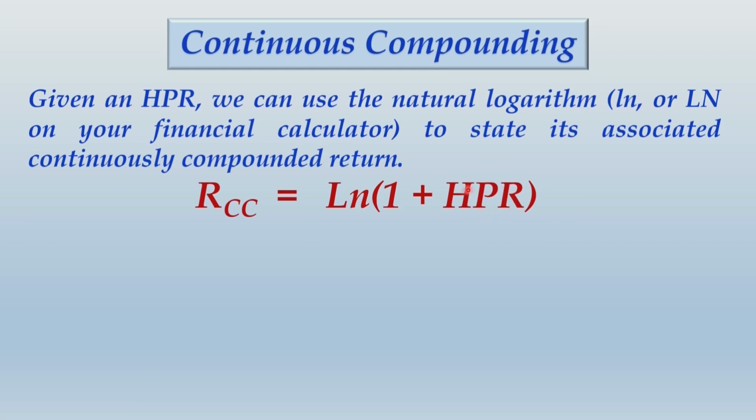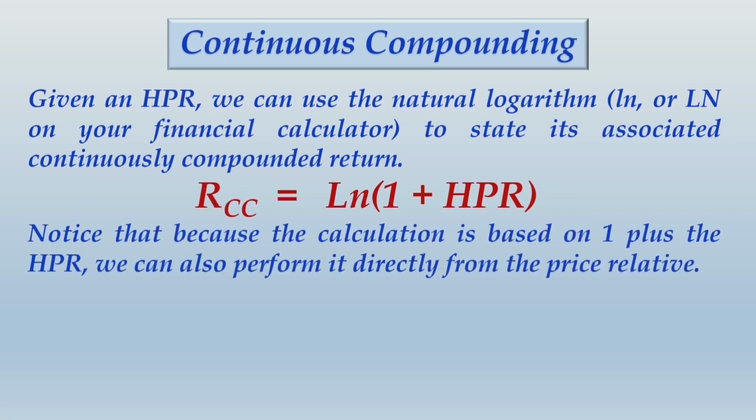So keep in mind HPR is a holding period return, and when you take 1 plus holding period return, it becomes the future value factor, and ln of that factor will give you the continuously compounded rate. So I would say, notice that because the calculation is based on 1 plus HPR, we can also perform it directly from the price relative.